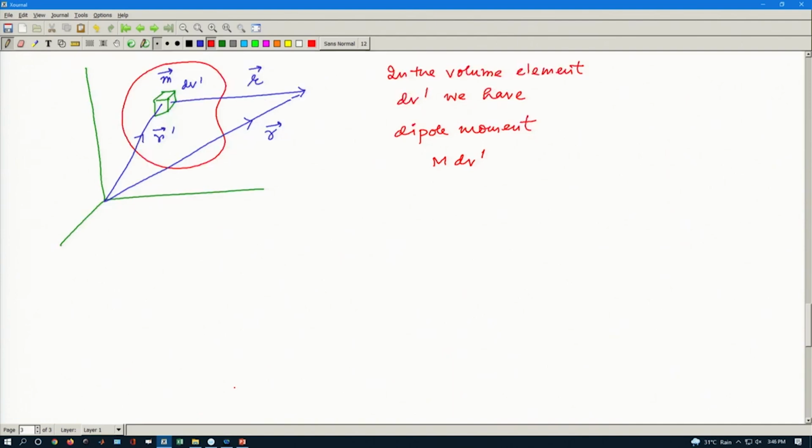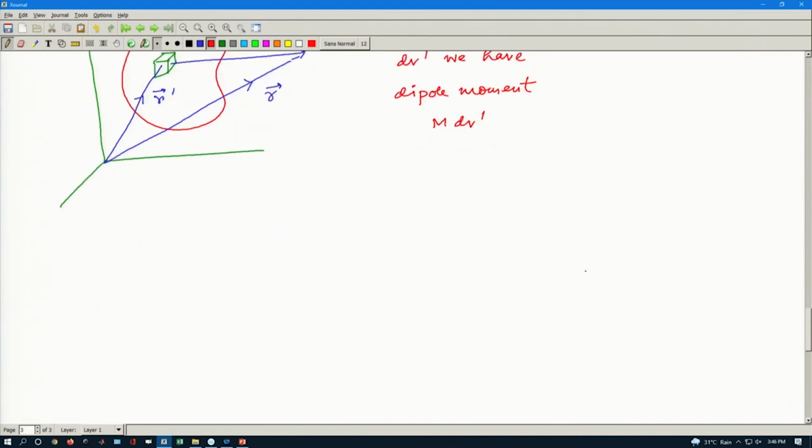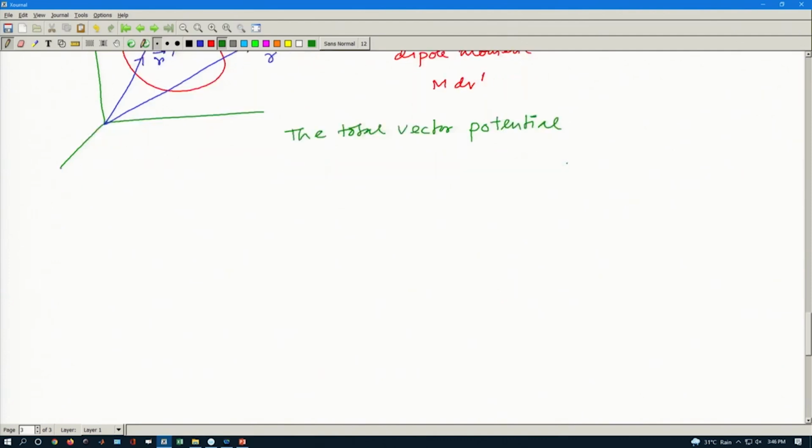So, the total vector potential, if I want to calculate here, due to this entire structure having the distribution of magnetic dipoles, I need to integrate because it is a total.